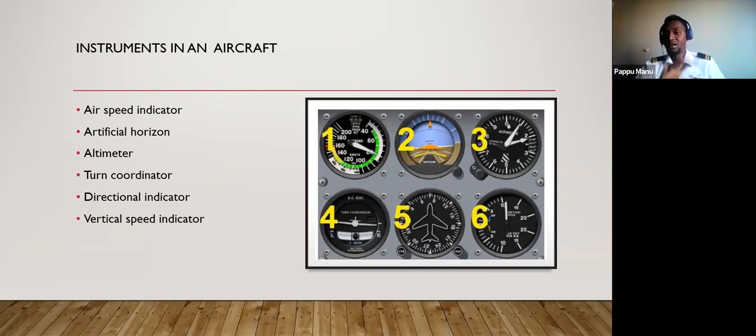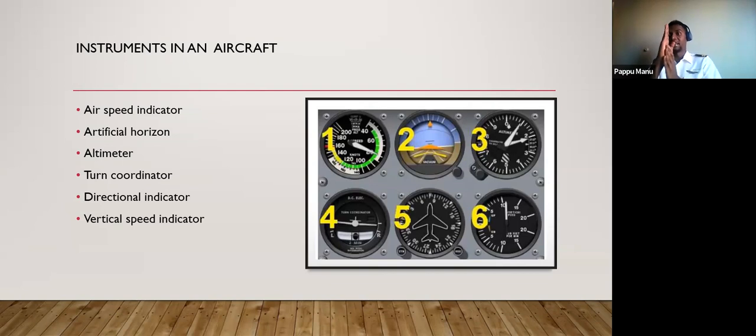So that is the function. If your aircraft is going up, you'll see that on the artificial horizon it will go up. That means it will be in the blue. That means you're going up. If you're coming down, it will be on the brown. That means you're coming back down to earth. And the same function, you see the small triangle at the top of the instrument, on the artificial horizon, pointing straight up.